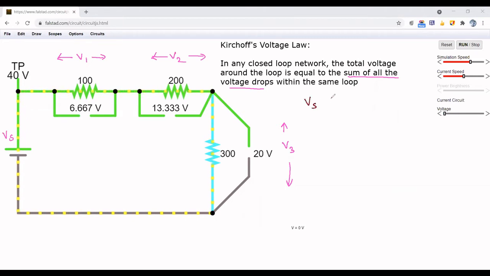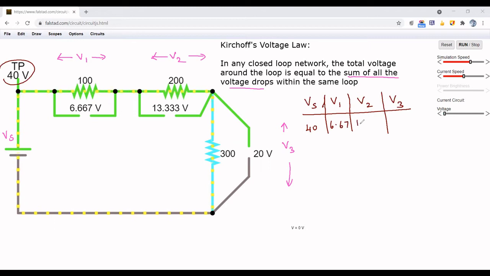So Vs, V1, V2, V3 are the voltages. Vs is 40, and then we have V1 to be 6.67, V2 13.33, and V3 is 20.